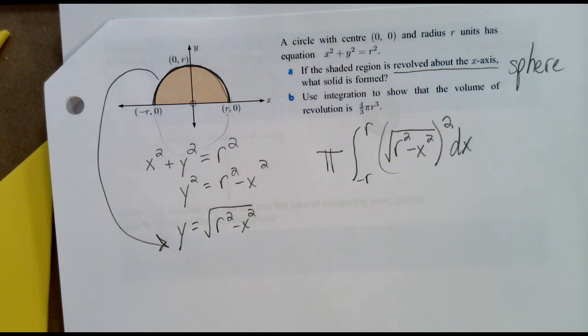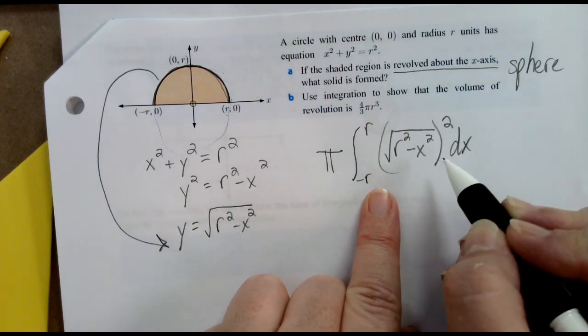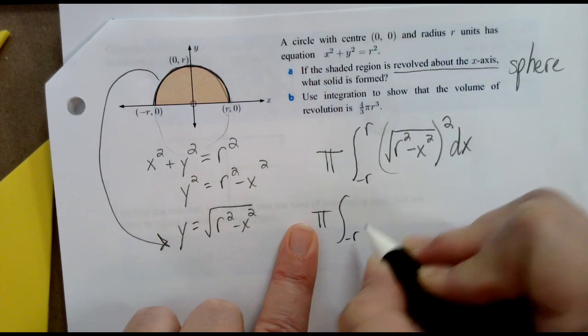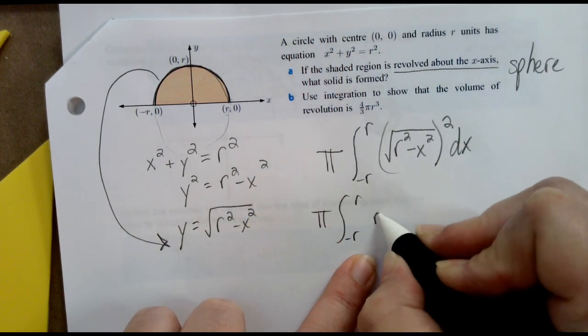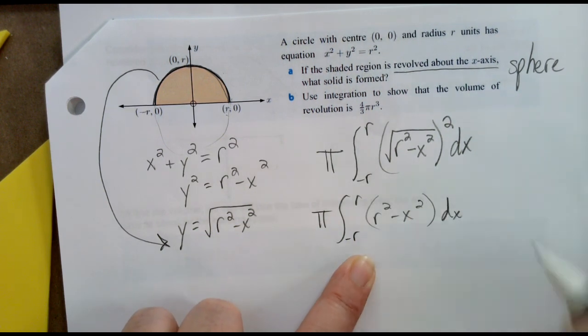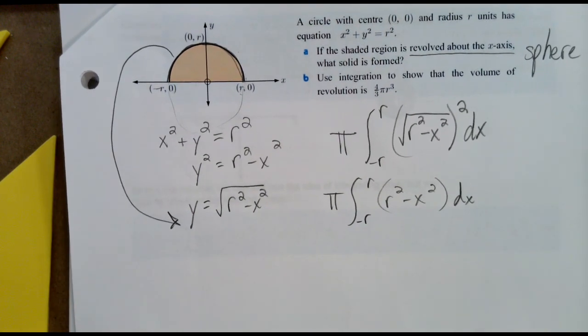Okay, so I need you to concentrate on, again, we have the integral from negative r to r of r squared minus x squared dx. Correct? Okay. I need you to integrate this.